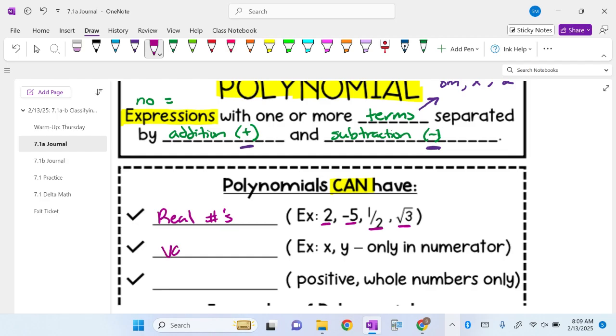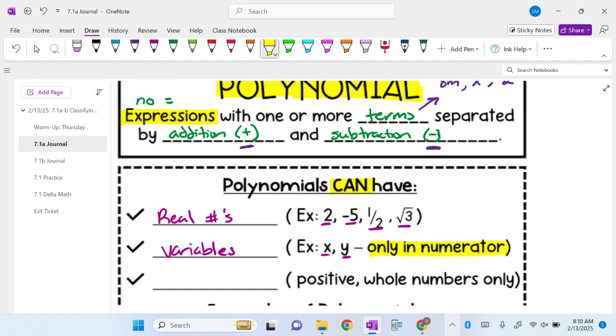It also can have variables, and it doesn't have to be the same variable. It can have an x, it can have a y, a, b, c, d, whatever. You can have multiple variables in a polynomial, so you can have x and y at the same time. The only condition is that those variables can only be in the numerator.